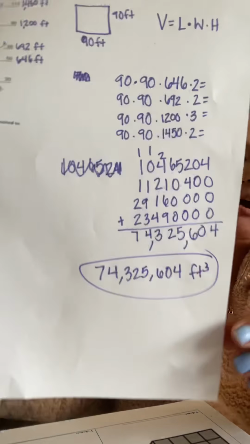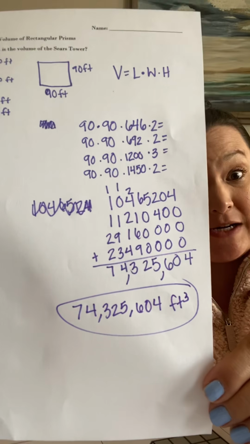So I end up with the number 74,325,604 feet cubed, which is the volume of the Sears Tower, which is gigantic, right?